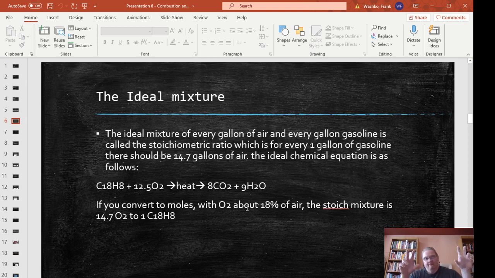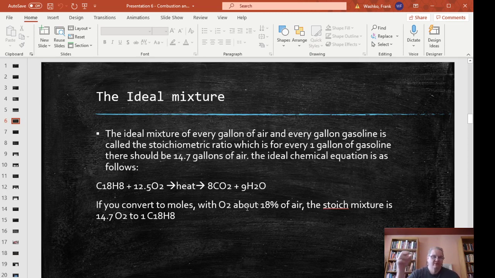The thing is, O2 is only 18% of air. These reactions are in moles, if I recall correctly. It's been a while since I've done chemistry also. So this is in moles, I think, and then we convert from moles to mass, because the fuel air ratio is mass of air over mass of fuel.